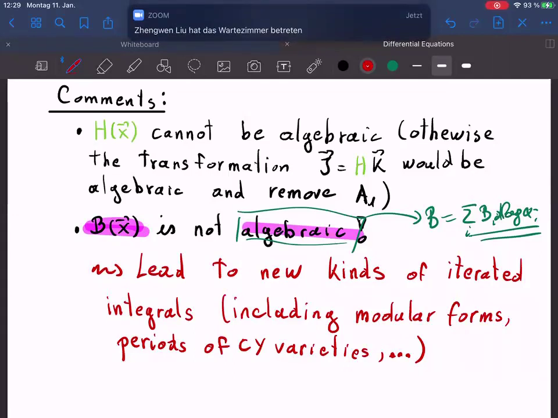So you would get different classes of iterated integrals, which would definitely not be expressed in terms of polylogs. You see it again here because polylogs are iterated integrals of D logs, and I said that my matrix B is definitely not a matrix of D logs. So again, you see that it cannot be polylogs.